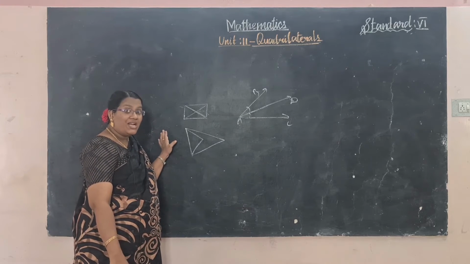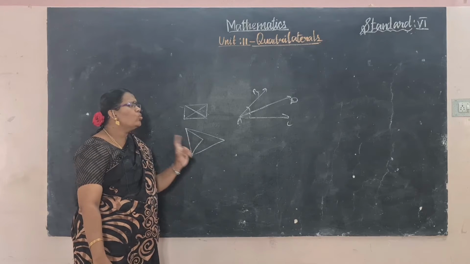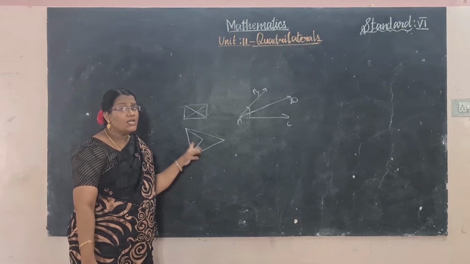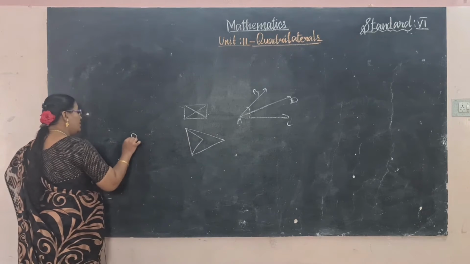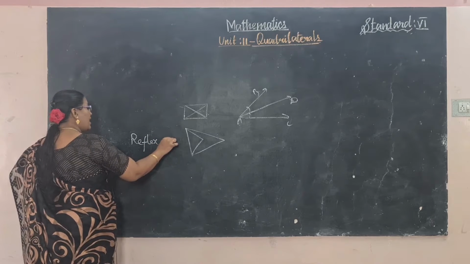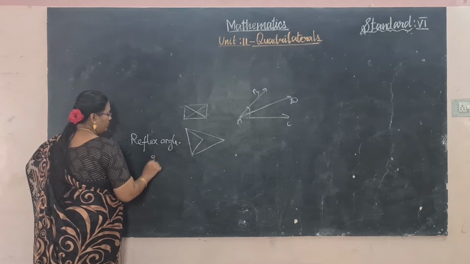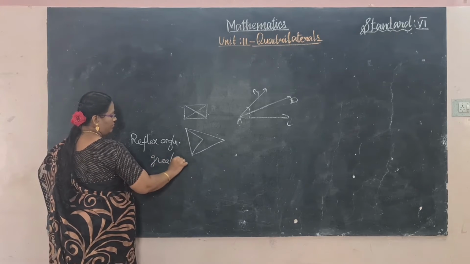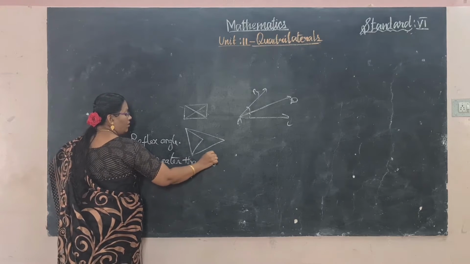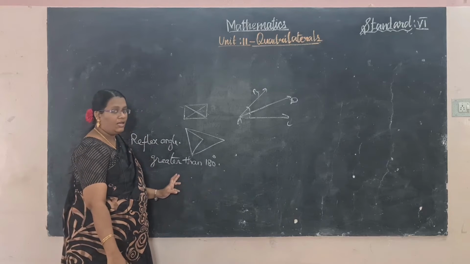In a concave quadrilateral, at least one angle is a reflex angle. Reflex angle means greater than 180 degrees.